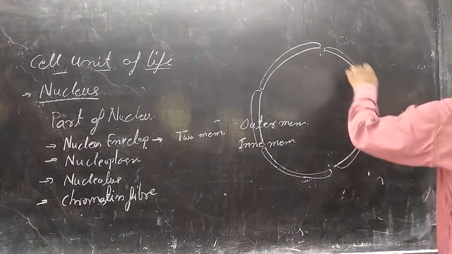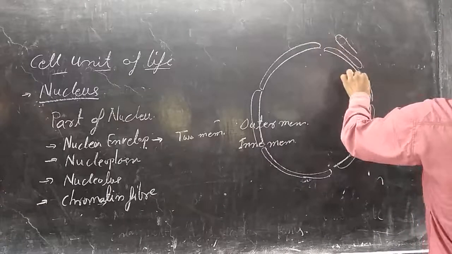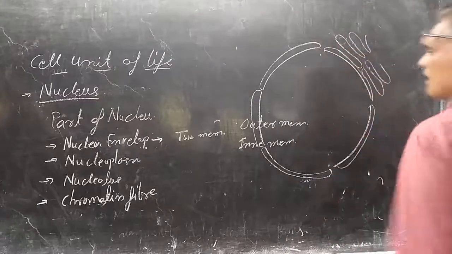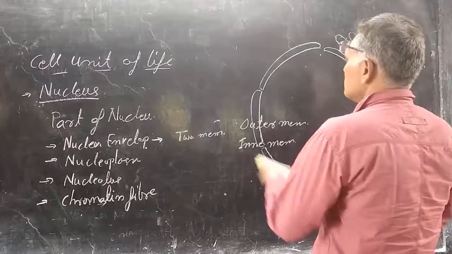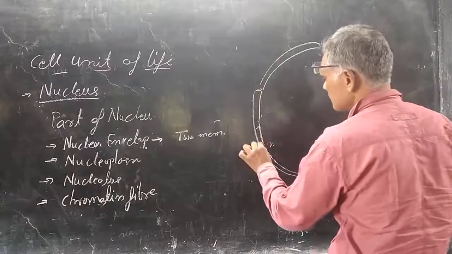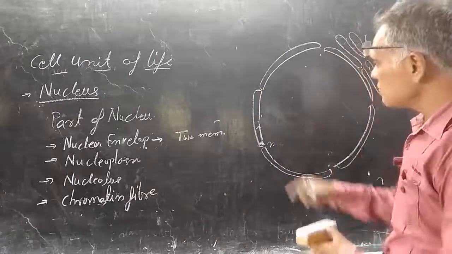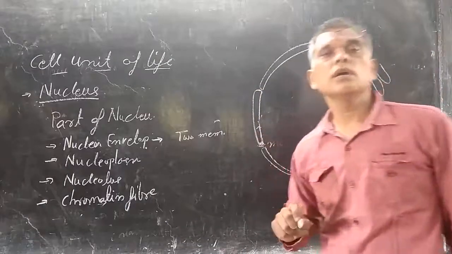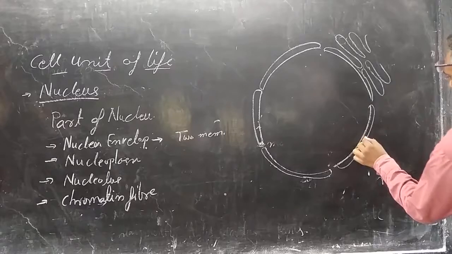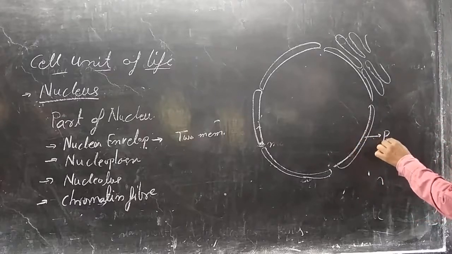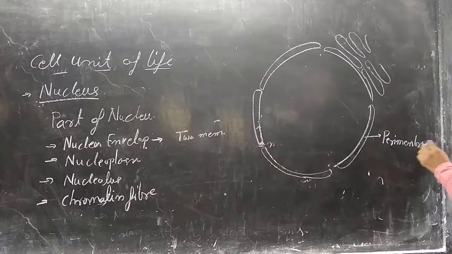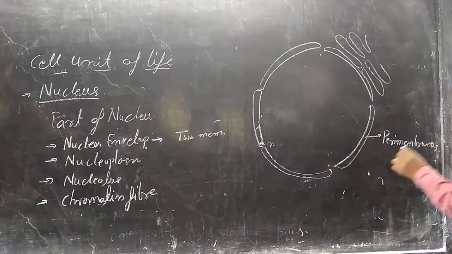The outer membrane is also joined with the endoplasmic reticulum. But the inner membrane is in direct contact with the nucleoplasm. The outer membrane is more permeable as compared to the inner membrane, and the space present between both the membranes is known as the perinuclear space.